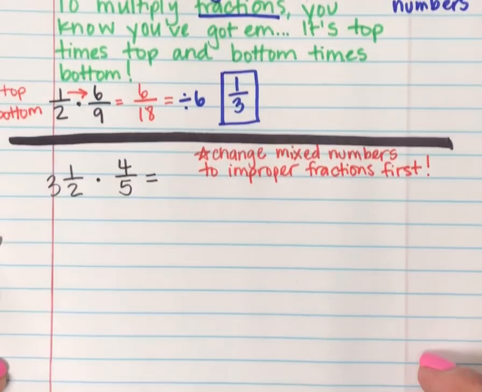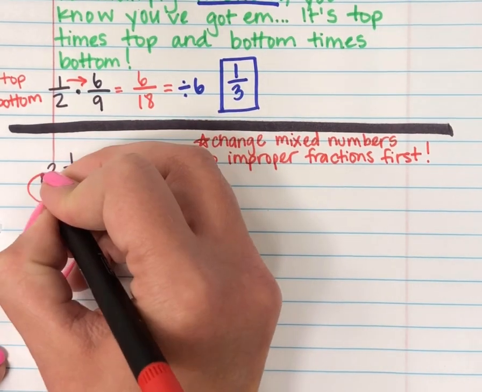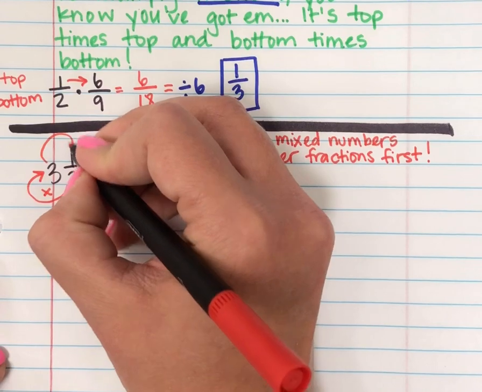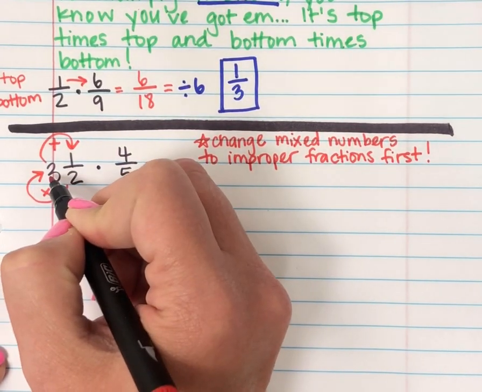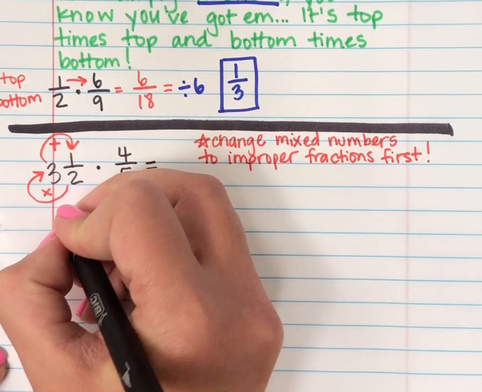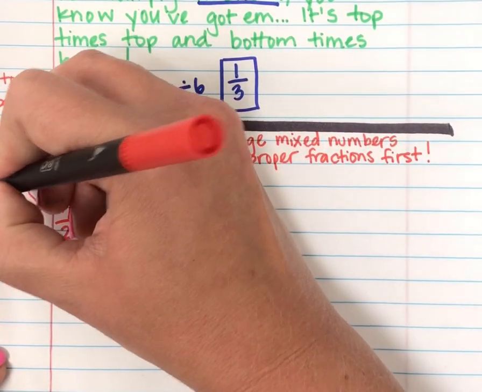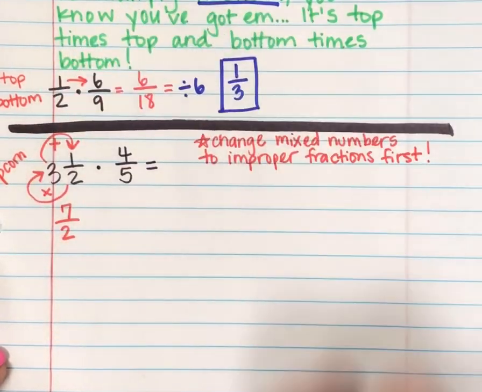So the way that we do that is we take our denominator, we multiply it times our whole number, and then we add your numerator. So 2 times 3 is 6, plus 1 is 7. So this would be 7/2. Some people or elementary school teachers would call this the popcorn method, right? Because it kind of looks like a kernel of popcorn.